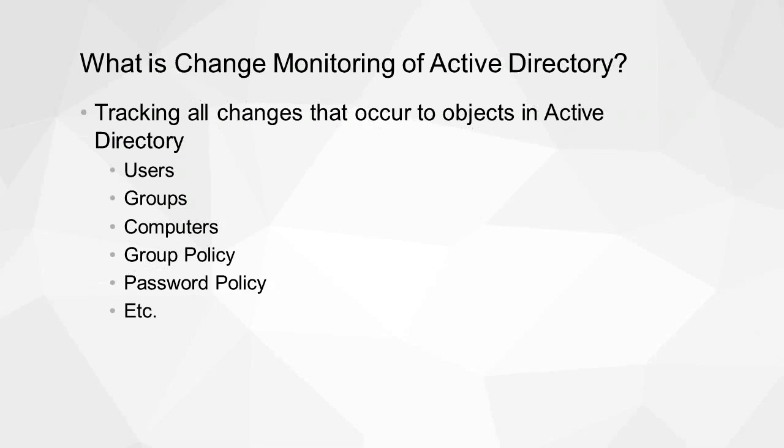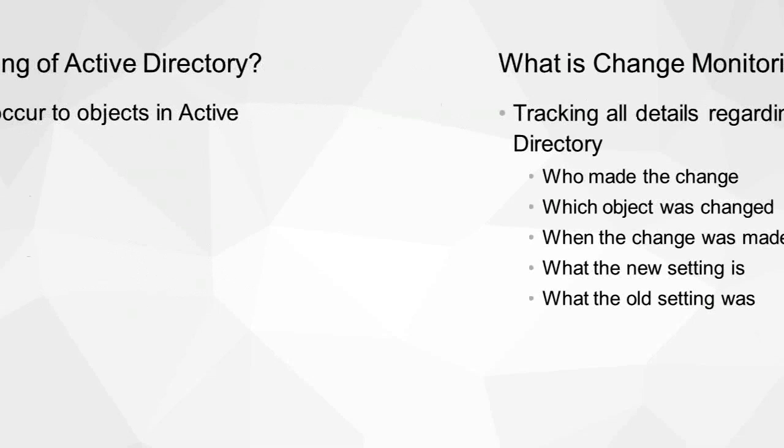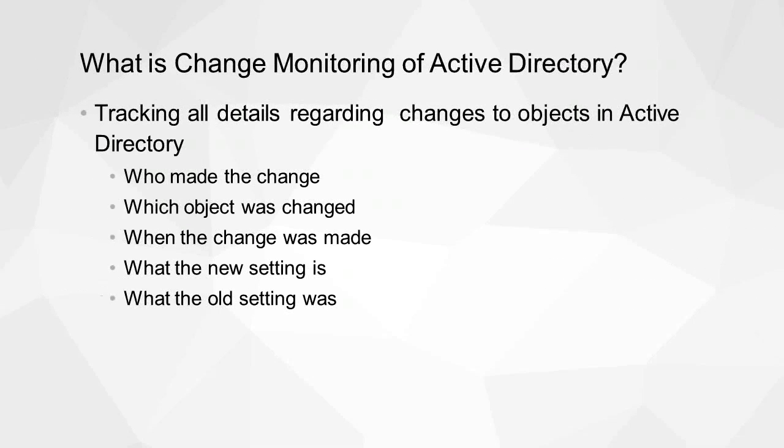Now, once we get these changes in place, the details matter as well. So I don't just want to track all the changes. I want the details of the changes to also be tracked. So what does that mean? That means I want to know who made the change. I need to know when the change was made, preferably which domain controller, and then I need the full details about what the old value was and what the new value is.